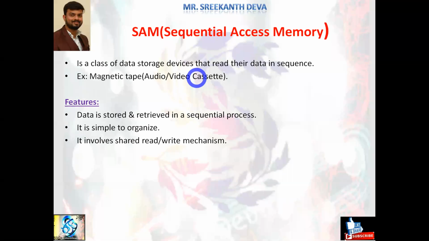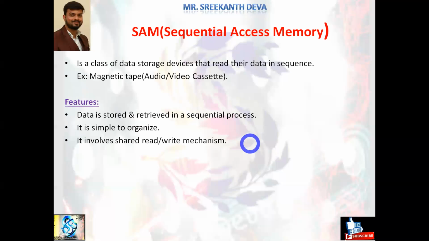Some of the important features of sequential access memory: data is stored and retrieved in a sequential process. Sequential access must begin at the beginning and access each element in order, one after another.